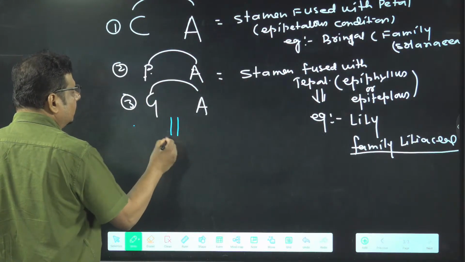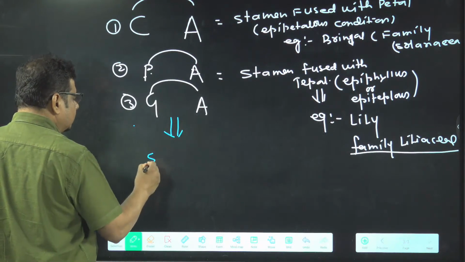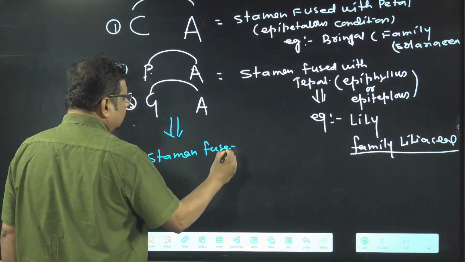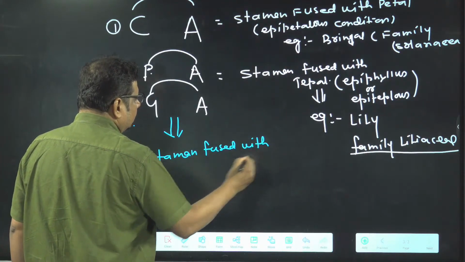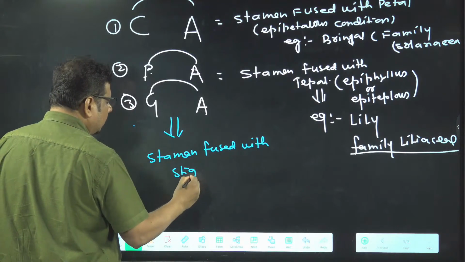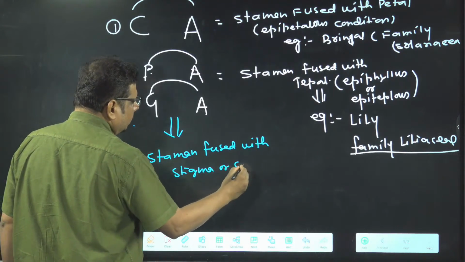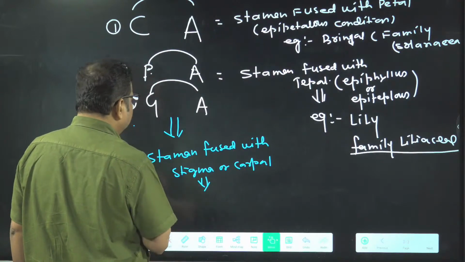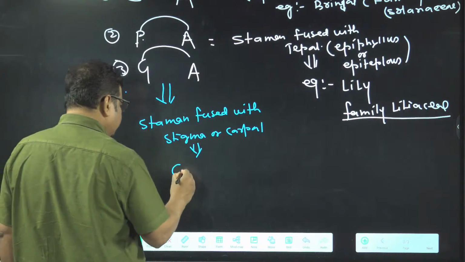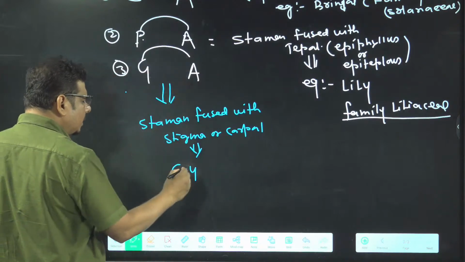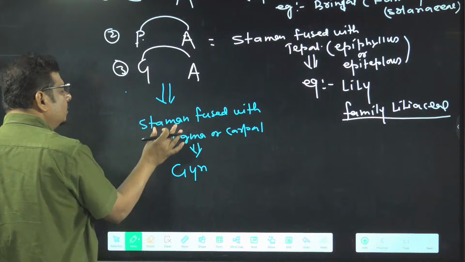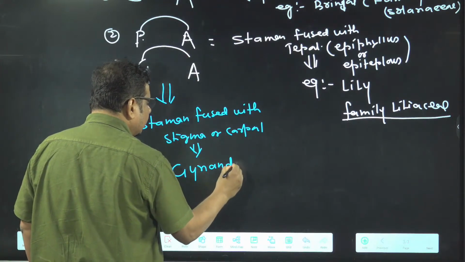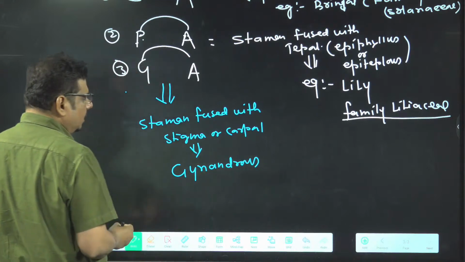Now the third, which is not mentioned in NCERT, have a look here. And this third one is what you are finding? A stamen fused with which one? Stigma or carpel? And we are using a terminology here, gynandrous condition. Further it is classified, but I am not classifying that much. That is the reason I wrote stigma or carpel.